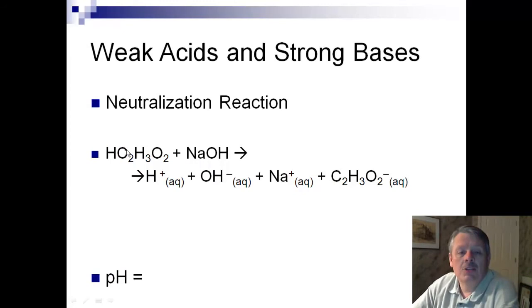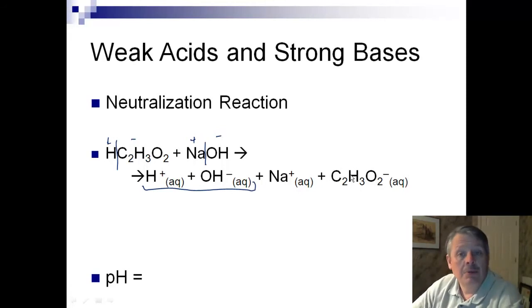Well, again, let's deal with acetic acid because we're familiar with that, and sodium hydroxide. And let's assume for purposes of argument that they break up like this, into something positive and negative and positive and negative. Well, we would expect the hydrogen and the OH to hook up again and make water, and then have the sodium and the acetate all sitting off by themselves.